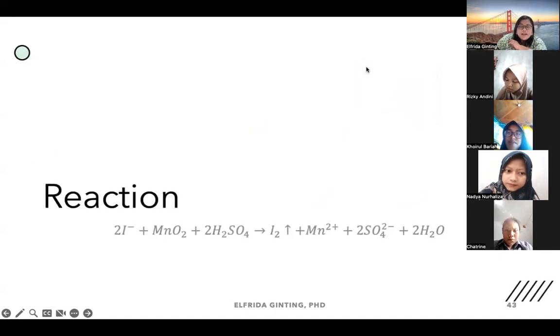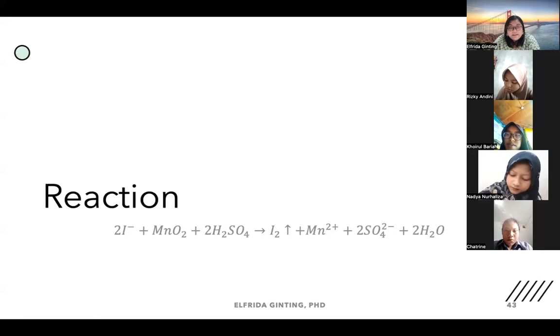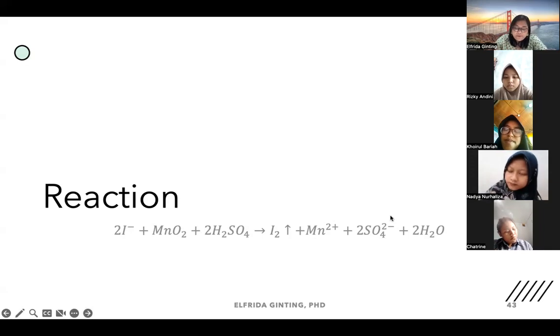Now, this is the reaction. We mix iodide with manganese dioxide, and then we mix it with sulfuric acid. You can see here, iodine will be formed. Manganese will be reduced to manganese 2+, but the sulfuric acid is not reduced. It stays as a sulfate anion.